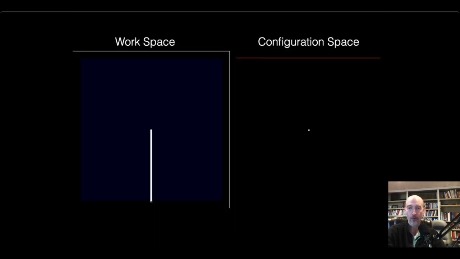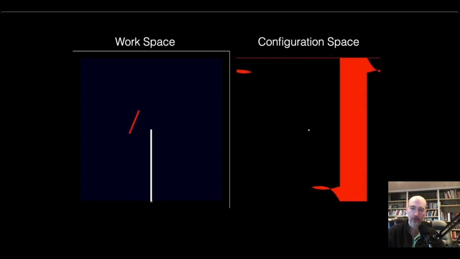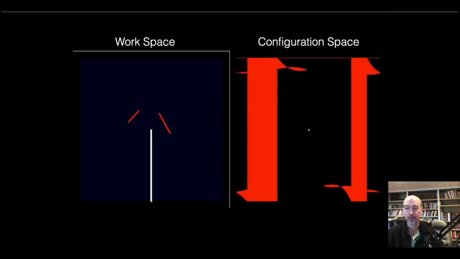So here, what we're going to do is draw some obstacles, and obstacles in the workspace look very different than in the configuration space. And if we move the arm around here, so we're moving it here in the workspace, we see that it moves around in the configuration space. And then if we're trying to get a path through the space, then we can see that search of the arm corresponds to actually search in the configuration space.